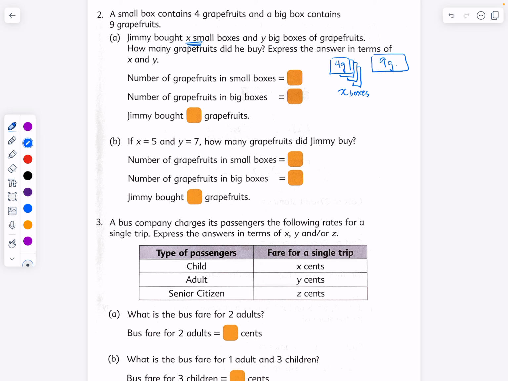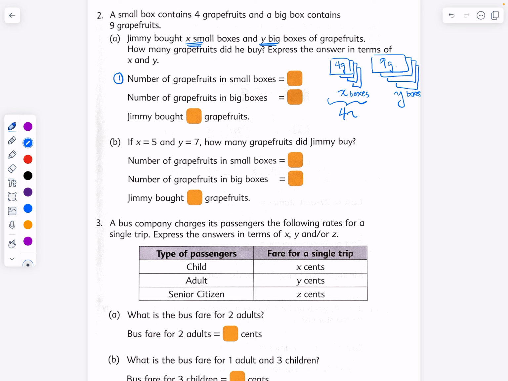Now, what about large boxes? Of course, he had more than 1. Do we know exactly how many? No, the problem tells us Y boxes. Y large boxes. Step 1: how many grapefruits altogether in small boxes? Well, 4 in each times X boxes is 4X.